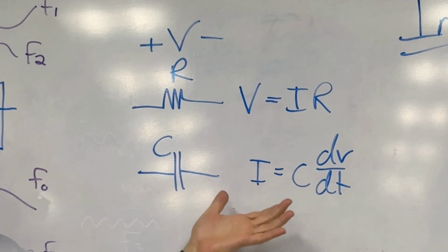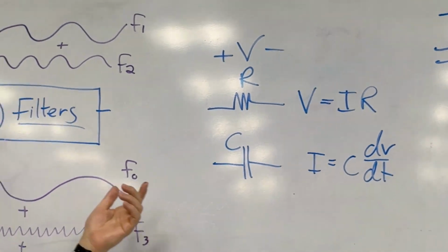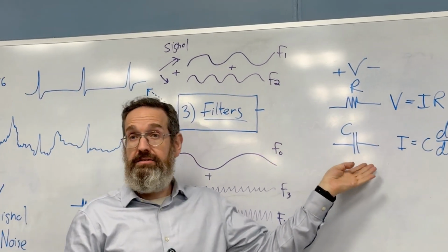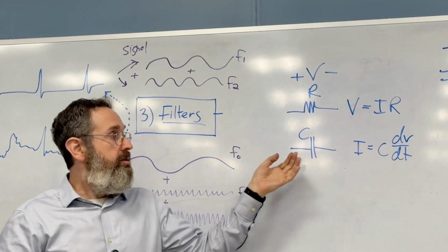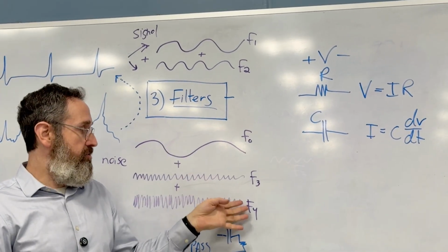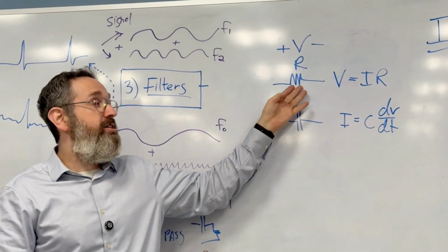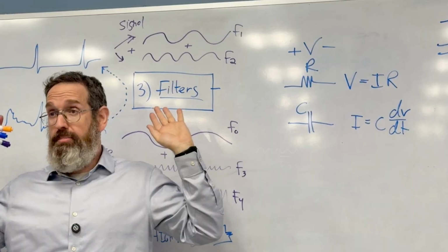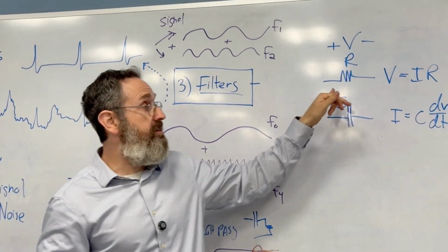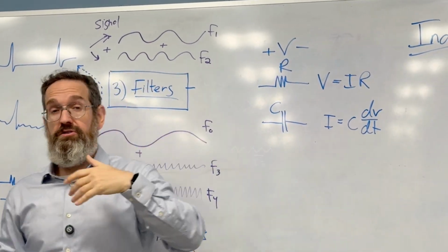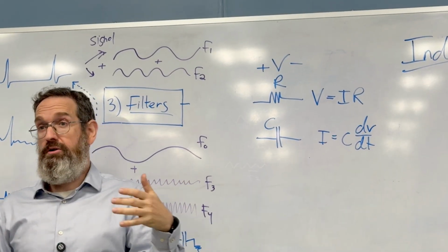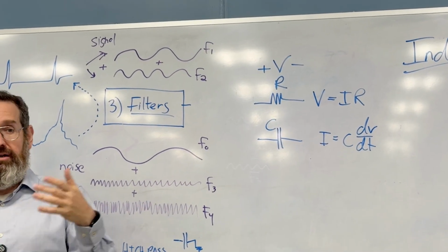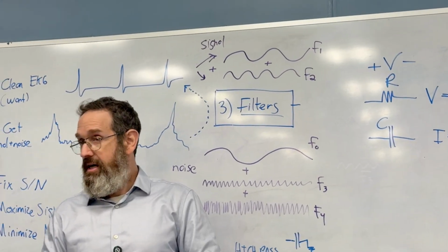And you may say, I don't like capacitors. Maybe, but we couldn't have done filters without capacitors. To make a filter, you need to have a circuit that cares about frequency, and resistors don't care, right? Resistors are not picky, right? They let everything through. You know those people, and you ask them, what do you want to do? You want to go to the arcade, you want to go to the beach, and they're like, whatever, right? That's like a resistor.